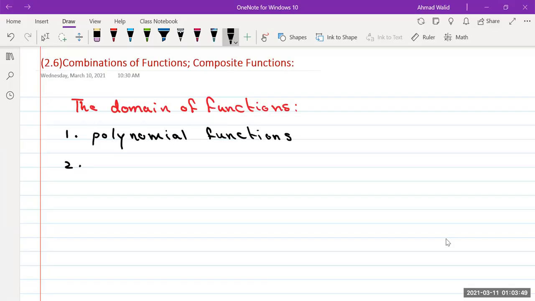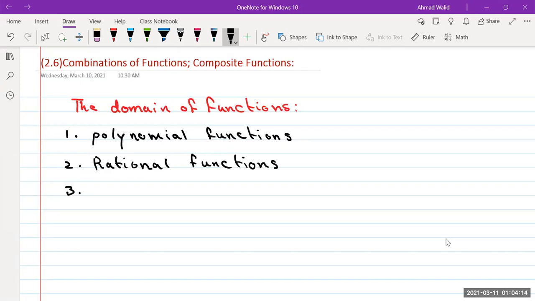I will discuss the domain of rational functions, and also square root functions.